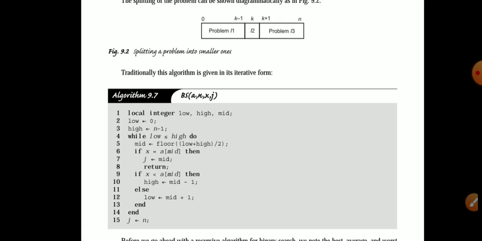Here we have an array of ordered elements. It may be of any size. Very big data is given here. It can be searched in very simple small steps by using the binary search algorithm. So big problems can be solved by using binary search, but the requirement is that the array should be sorted.